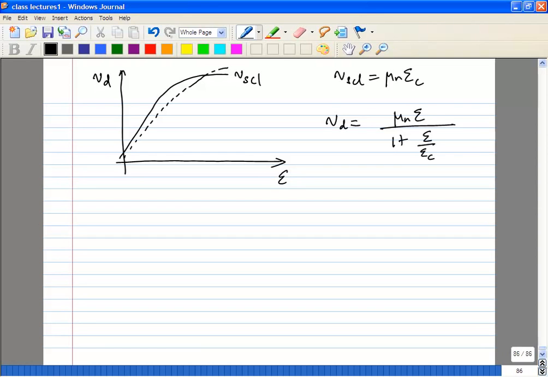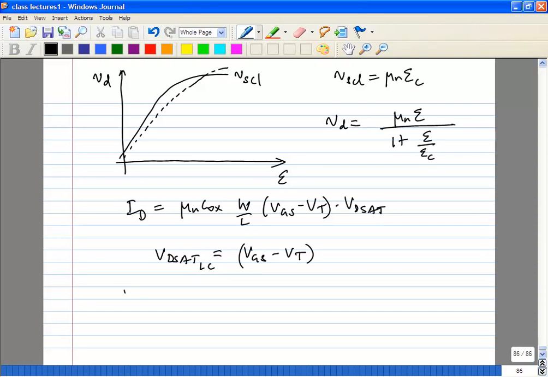Now if you look at a long channel device, we'll rewrite the expression slightly differently. You know that VD sat is just VGS minus VT, right? So we'll rewrite it this way and try to find out how we can modify the current voltage relationship of the MOSFET in short channel operation. What you can also show, we won't show that in class, but you can look up the reference, is that for a long channel, your VD sat is nothing but VGS minus VT.